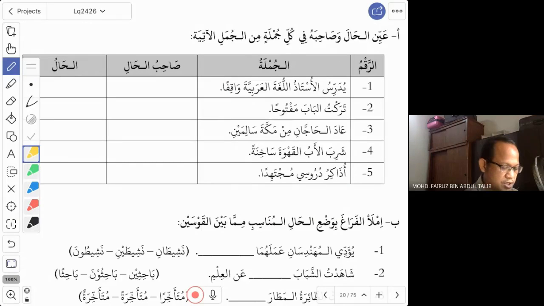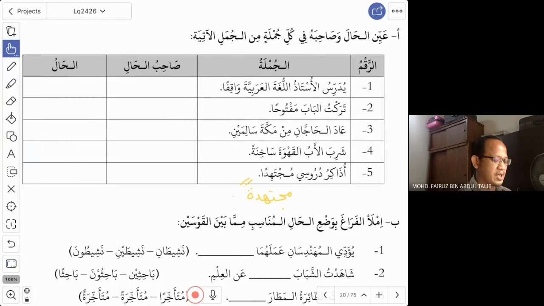Shukran Lina. Mujtahidatan. So it depends, you have to be careful. If the fa'il is referring to ana, then it depends on the person. If it is now muannas, you have to change to mujtahidatan. So this is at-tadrib al-awwal for the topic of al-hal.